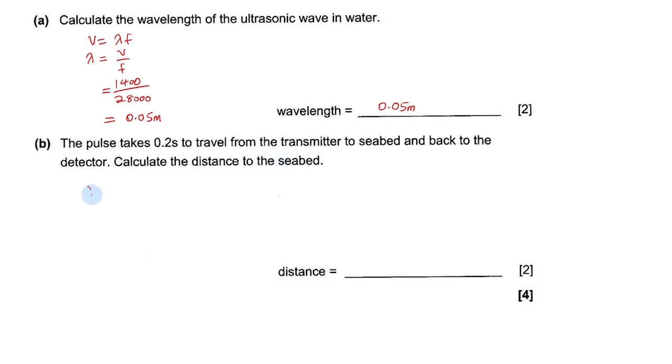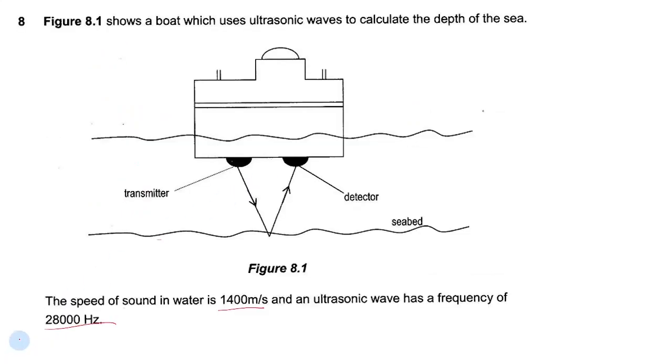So this one, it will be speed is equal to 2d over time. They are saying calculate the distance to the seabed. So it took this one, came here and came back. So the wave traveled that distance twice.